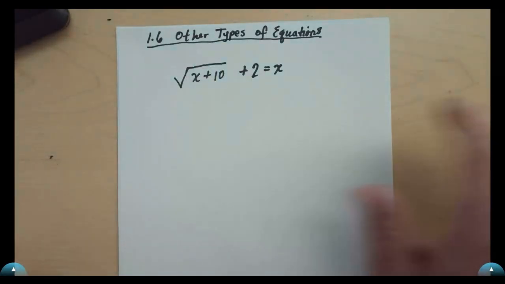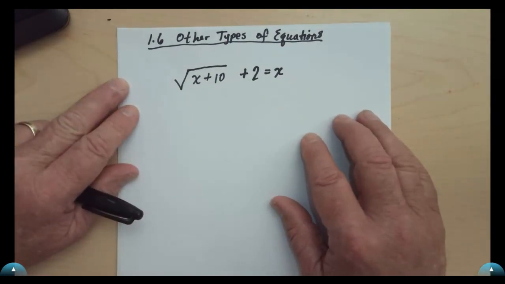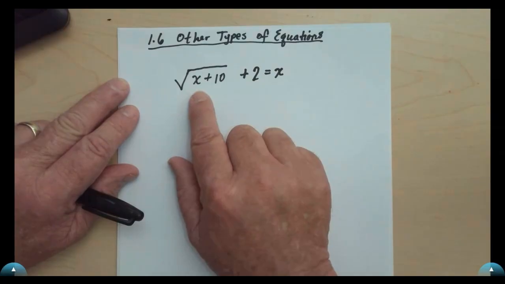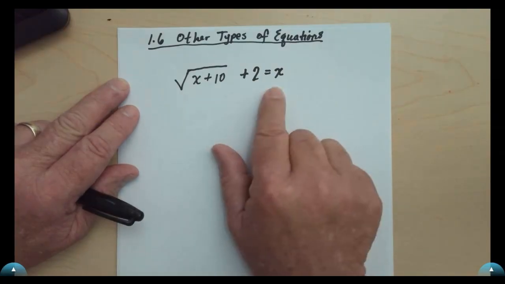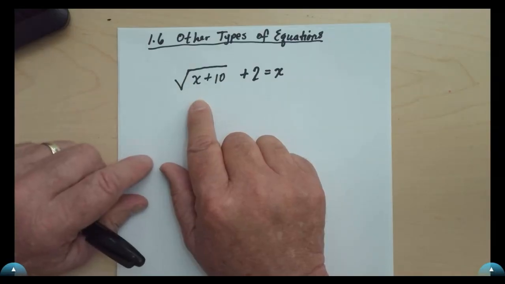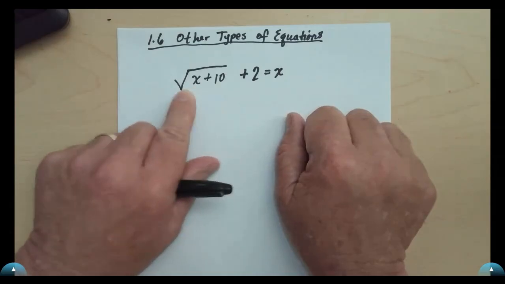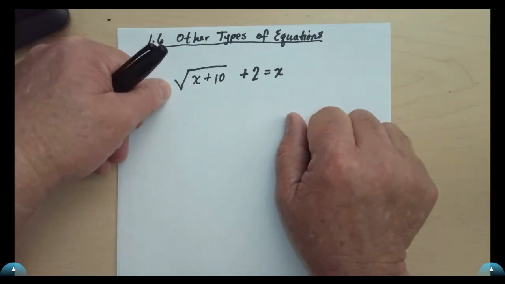So the first type of equation like that is something like this. I'm going to call equations like this square root equations. Specifically, it's an equation where you've got a variable expression of some kind under a square root.